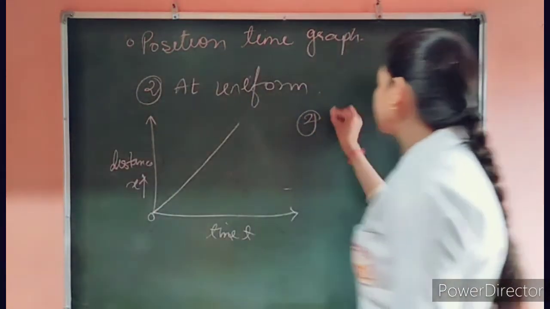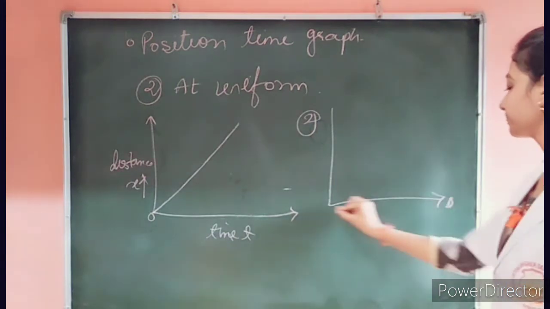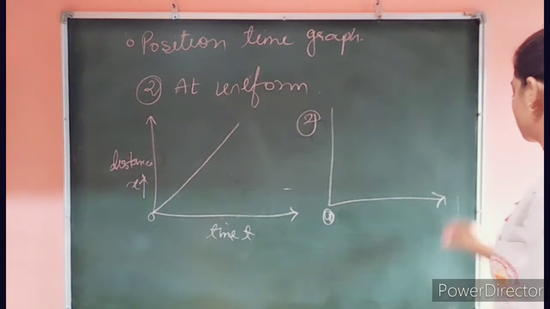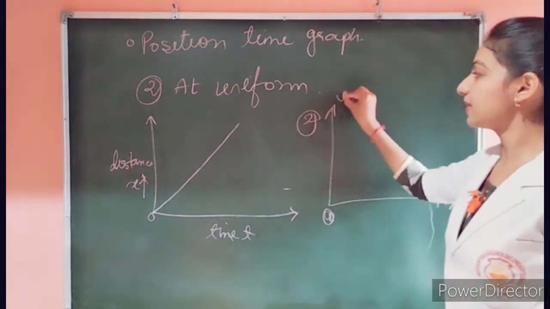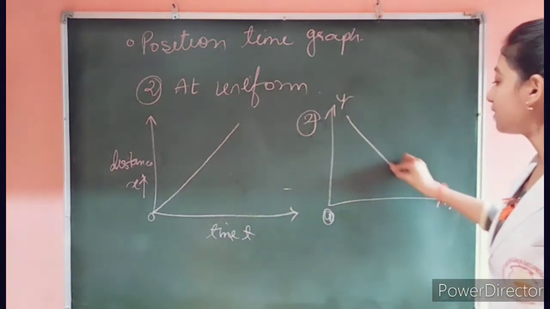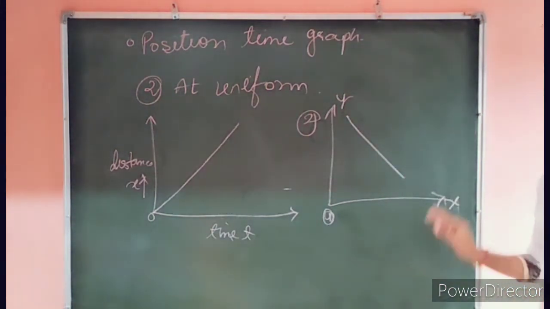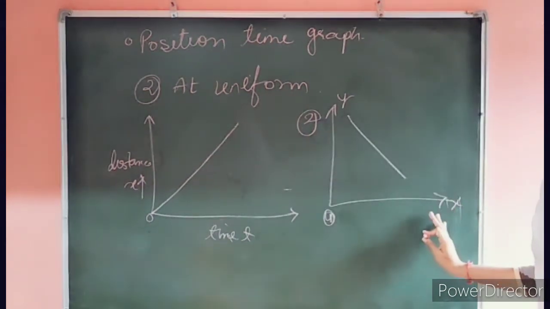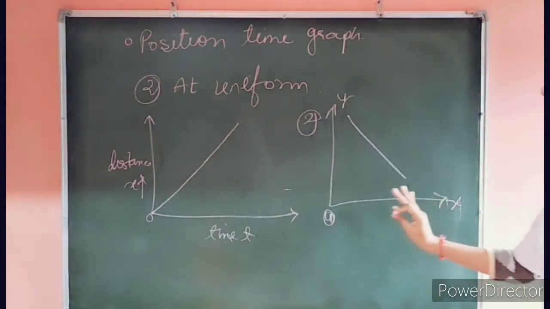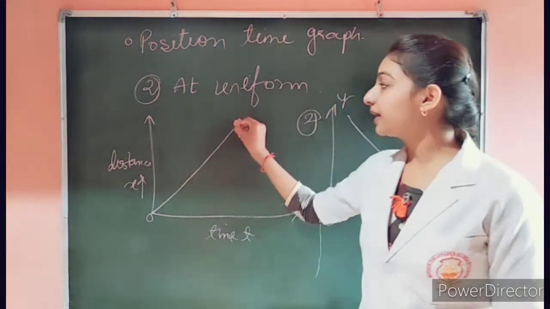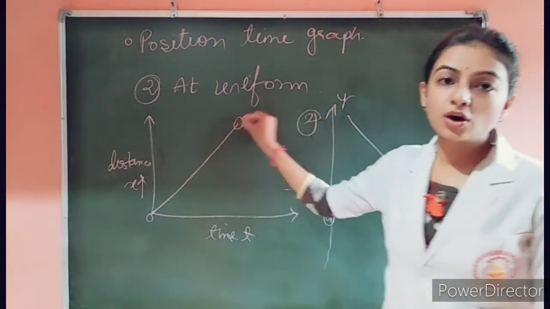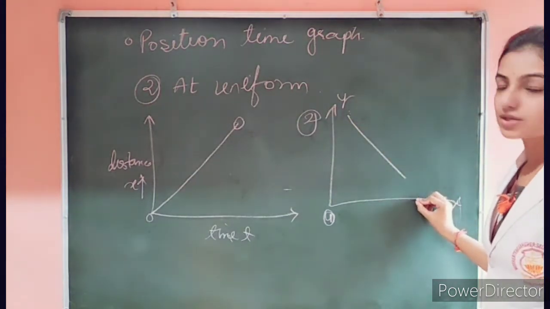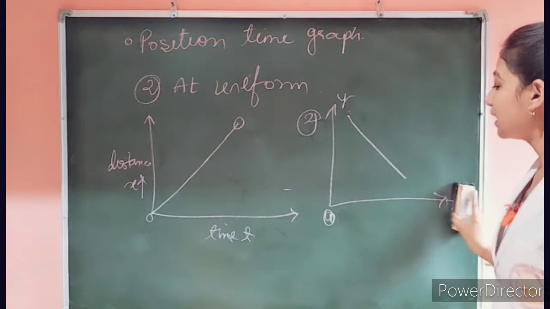Now in the second graph, this is the x-axis, this is the y-axis. If we get a graph like this, we can say that the object is returning. In this we can say that the object is reaching its initial position, and in this the object is returning to its final position.